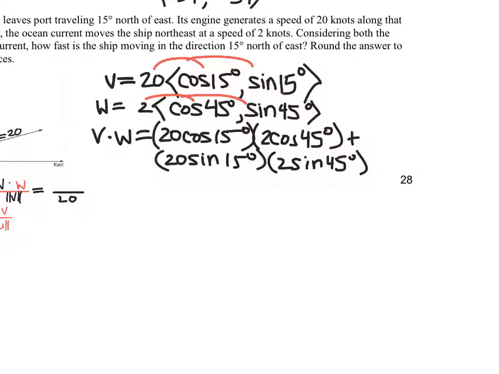Plus 20 sine 15, close them up, 2 sine 45, close them up. So we're getting that. So about 34 and change, 34.641, etc. Barring any mistake on my end.